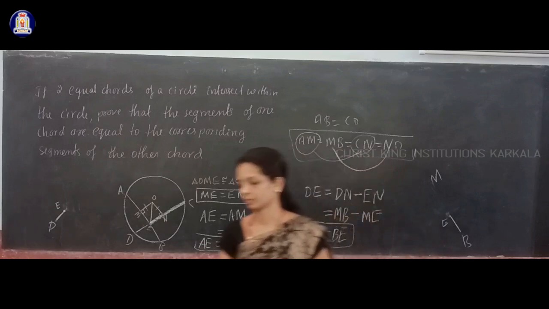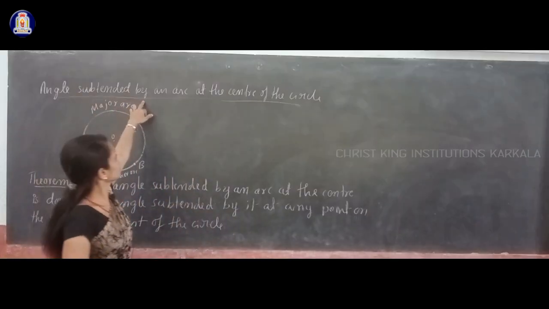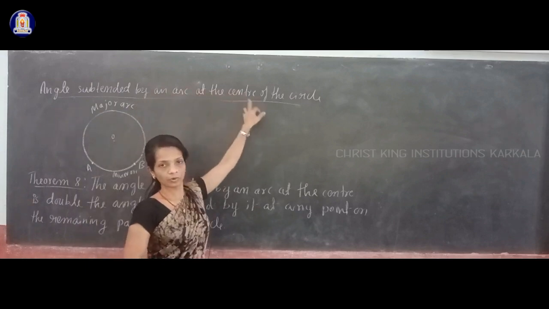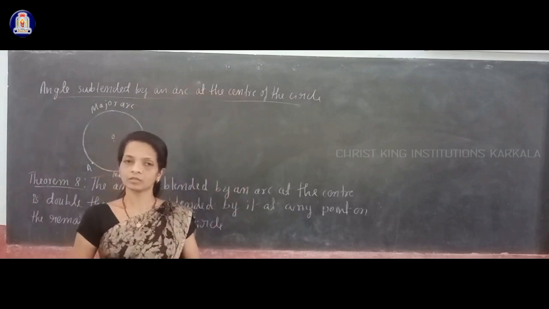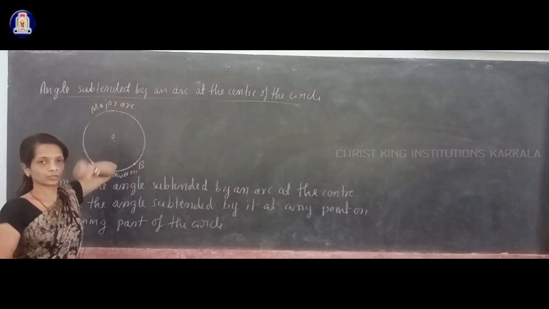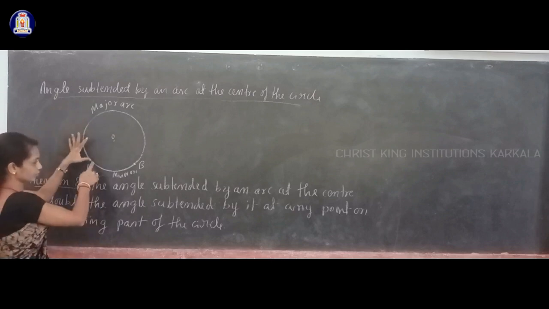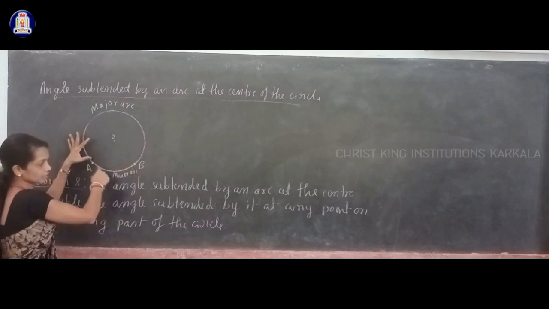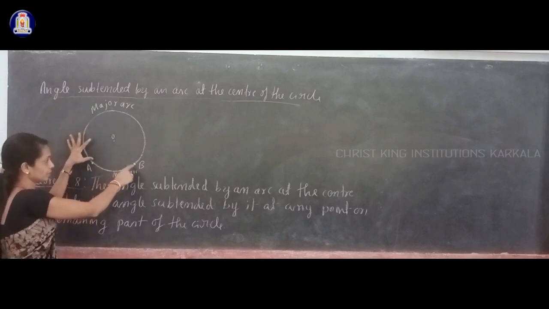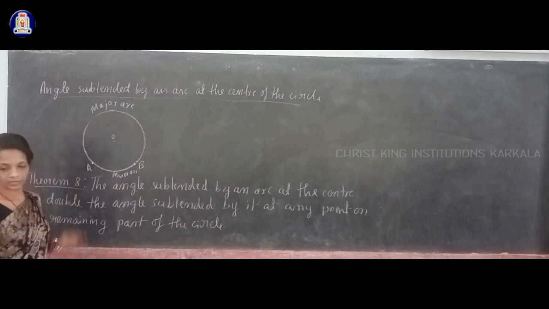Okay, thank you. Next is angle subtended by an arc at the center of the circle. What do you mean by angle subtended by an arc at the center of the circle? Suppose you have a circle like this, and if you have minor arc AB this side, and the upper side you have a major arc of the circle.